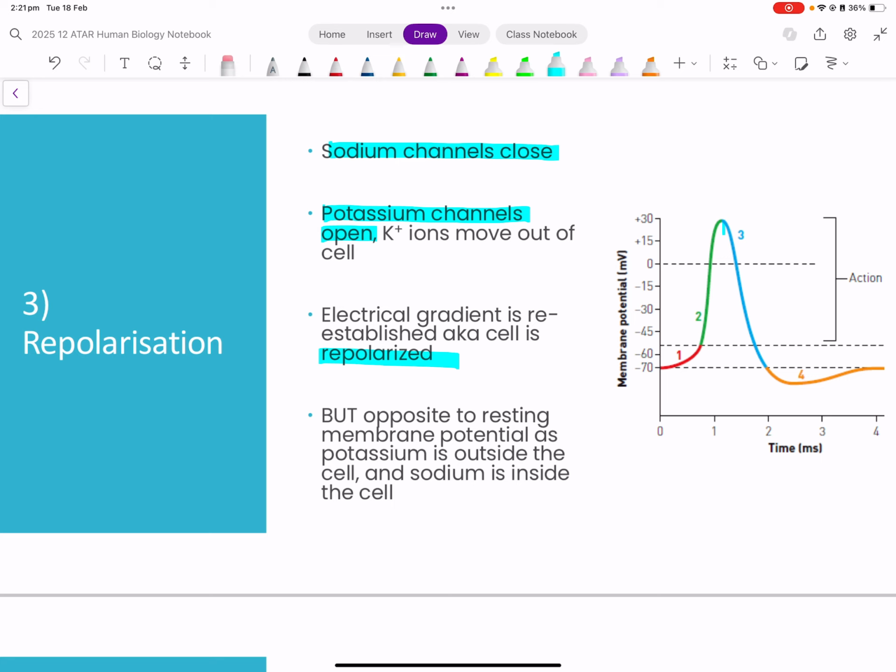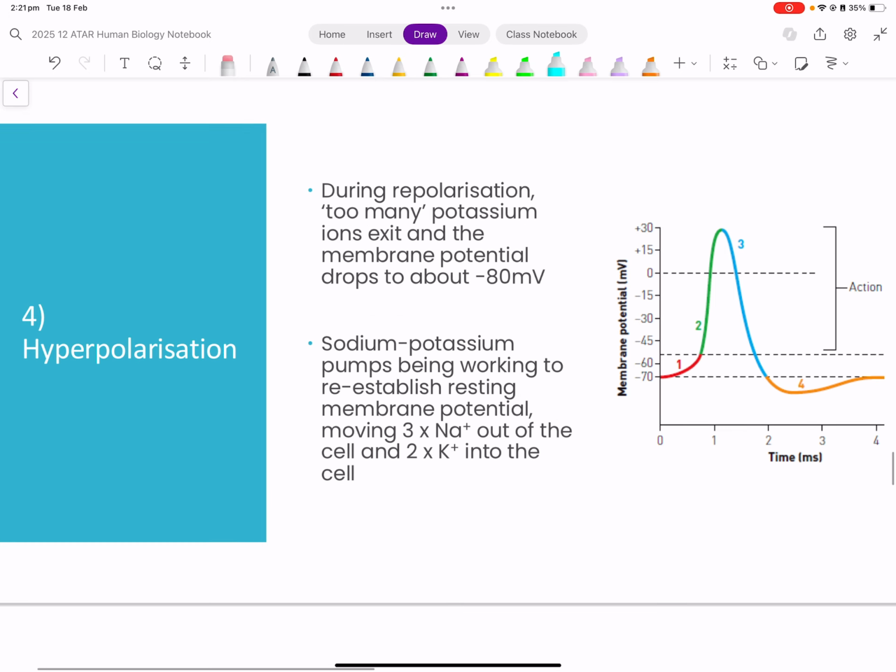But the potassium channels stay open for slightly too long. As a consequence of this, we end up in the fourth stage, known as hyperpolarization. Because too many potassium ions left the cell, the membrane potential drops down to roughly negative 80 millivolts. As a consequence, there's a special structure found within the cell membrane known as the sodium-potassium pump.